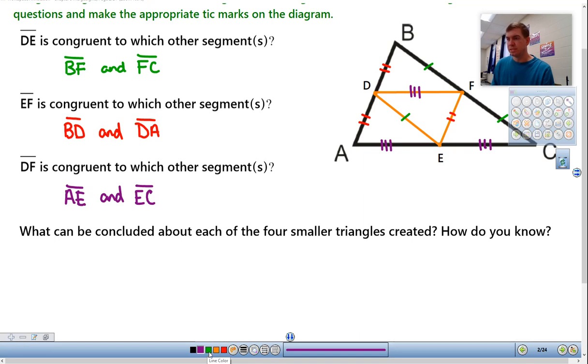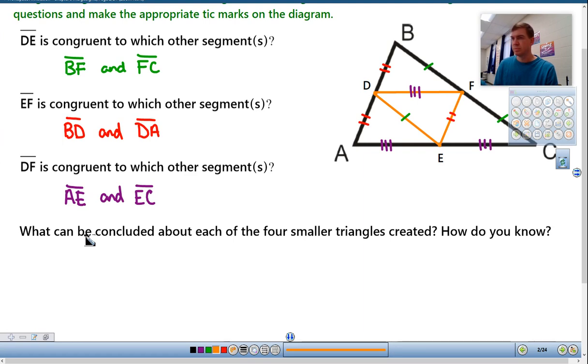So let's answer that question by saying, all four triangles are congruent. How do you know?